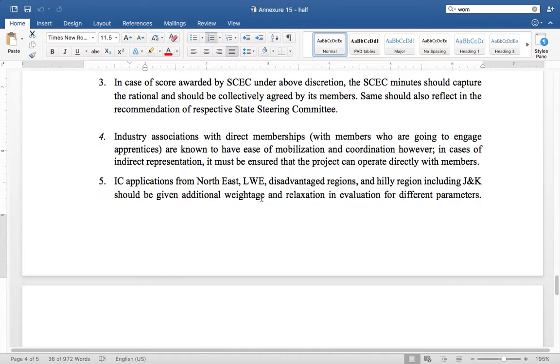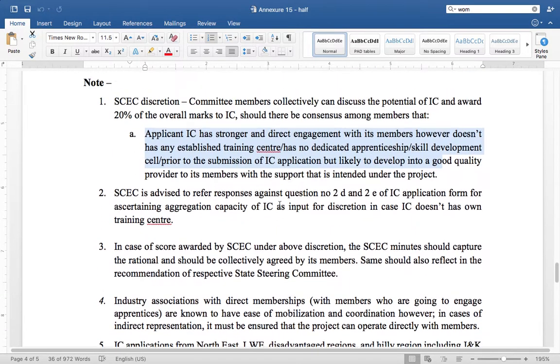In that case, the SCEC should look into this differently than other industry members who are being remotely coordinated by the secretariat of the industry association from a different geography. There might be a possibility that the industry membership engagement is relatively slow, or the mobilization capability of such clusters is relatively low. So we leave such decision making to the deliberation of the state cluster evaluation committee.